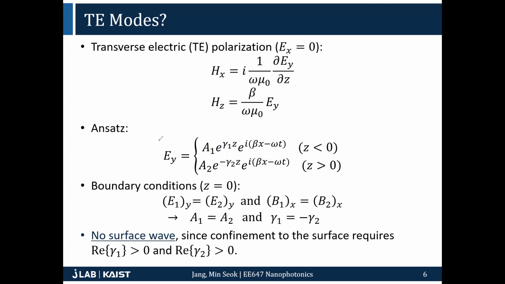So we know the solution should have this form, and then we put it into these two equations and set the boundary condition. The boundary condition is that EY is continuous, and then BX is also continuous.